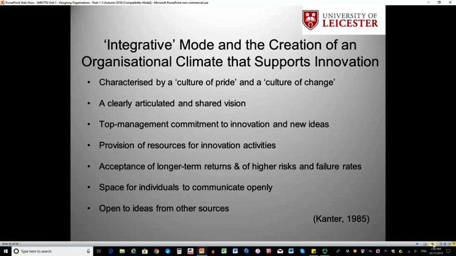This kind of culture, Cantor argues, provides space for individuals to communicate openly, as well as being open to ideas from many different sources. And we'll look at this idea of openness and the sourcing of ideas in the final lecture in a couple of weeks' time.